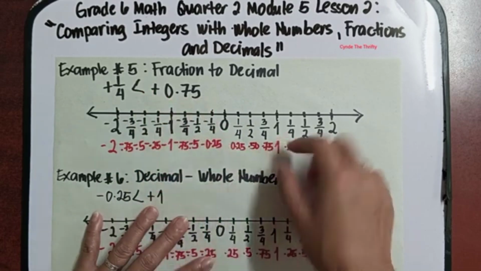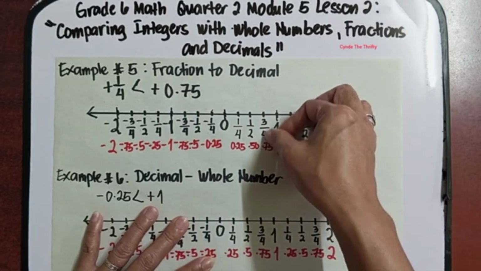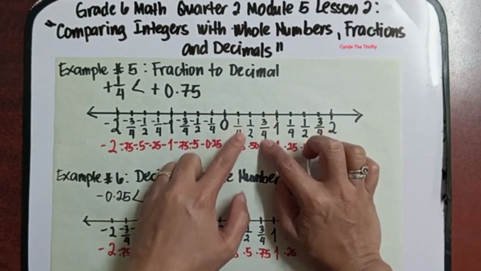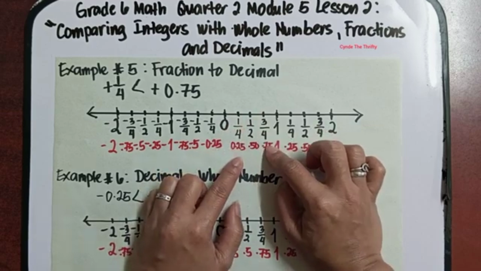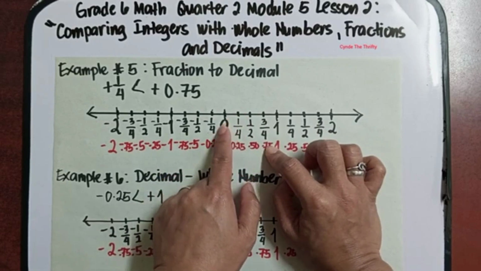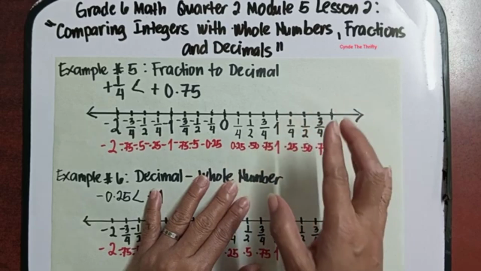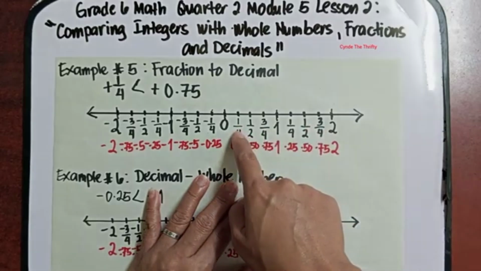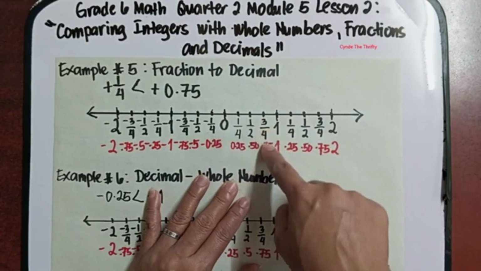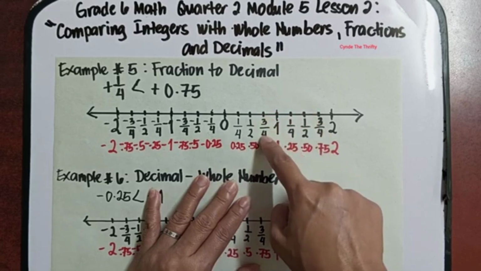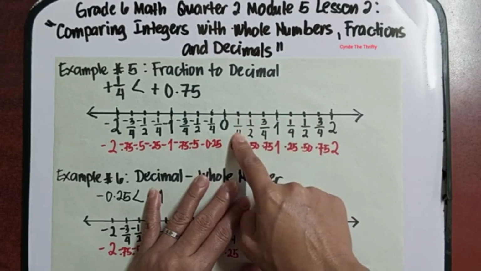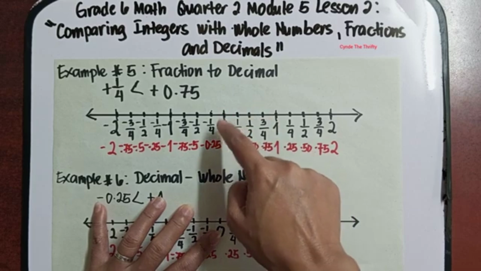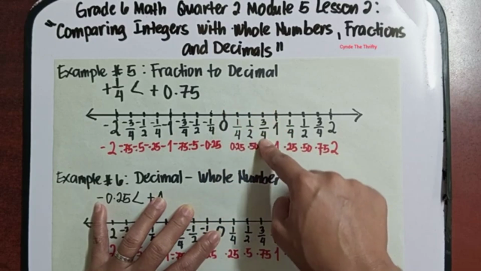Where is 0.75? Here. 0.75 is on the third line. 1/4 is here on the first line. So which of them has the greater value? 0.75. Because 1/4 is near 0, beside 0. And take note, our rule: for all positive integers, the one near 0 has the lesser value. And since 1/4 is near 0, and 0.75 is here, that's why 0.75 has a greater value than 1/4. Because 1/4 is near 0 and 0.75 is here.